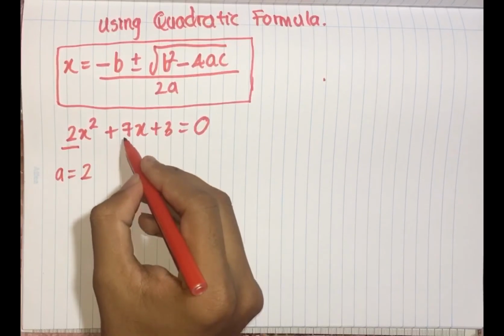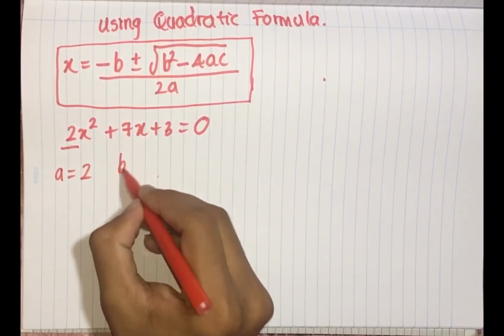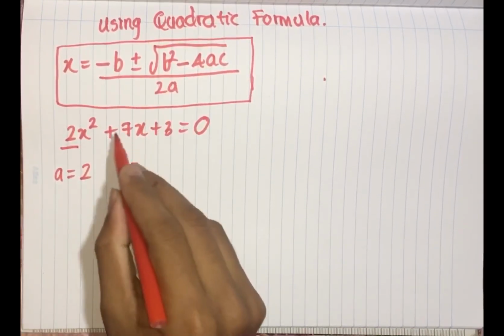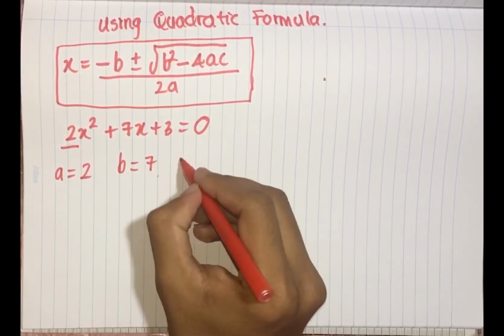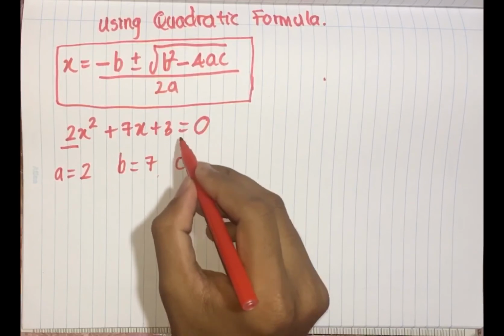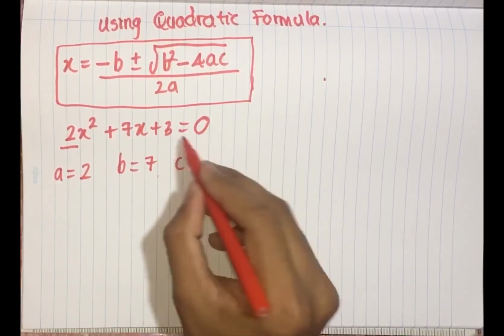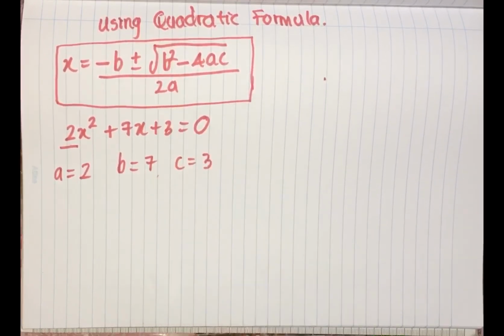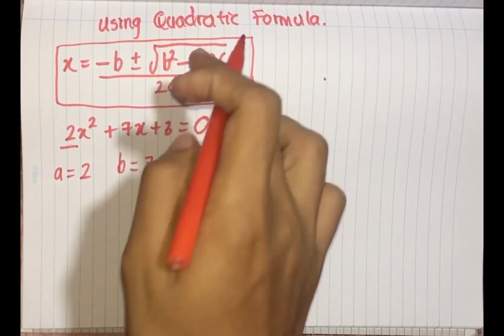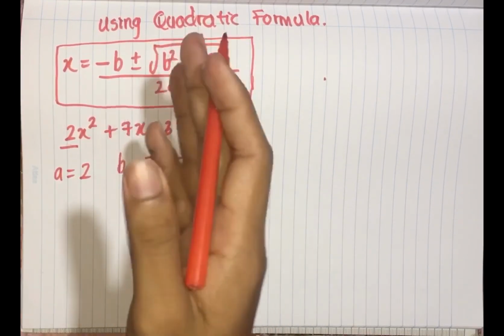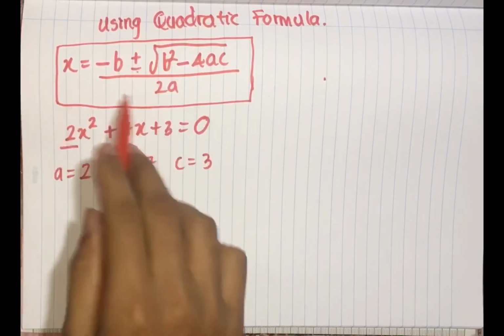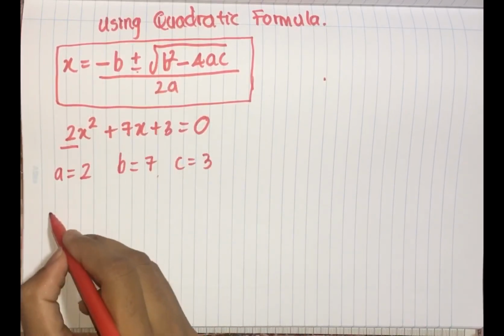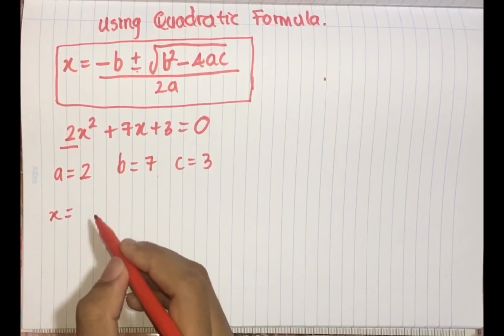And the coefficient of x term is equal to b. You have to consider with the sign, that is plus 7. And the constant c is equal to plus 3. Now what you have to do is, in this equation you have to substitute each of the values and find. Since you have plus and minus, here also you will be getting two values for x. Okay, so let me solve this.